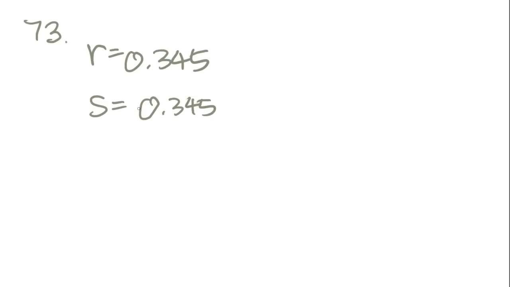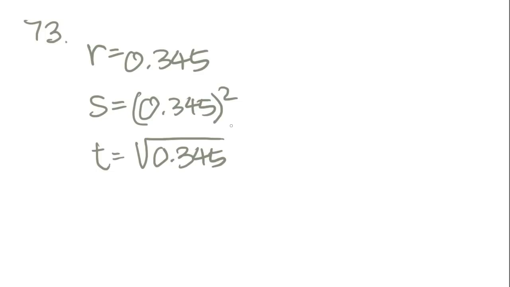73 says if R equals 0.345, oh, I like where this one is going, and S equals 0.345 squared, and T equals the square root of 0.345, what is the correct ordering of R, S, and T?